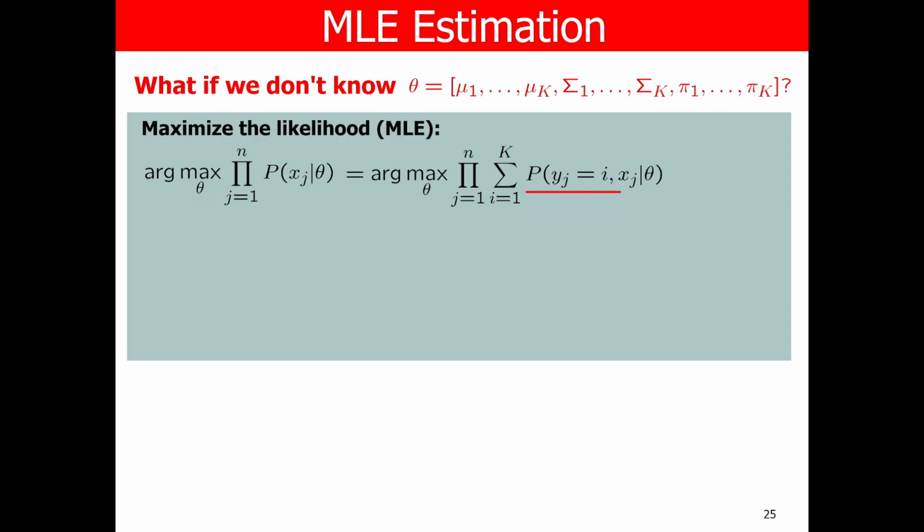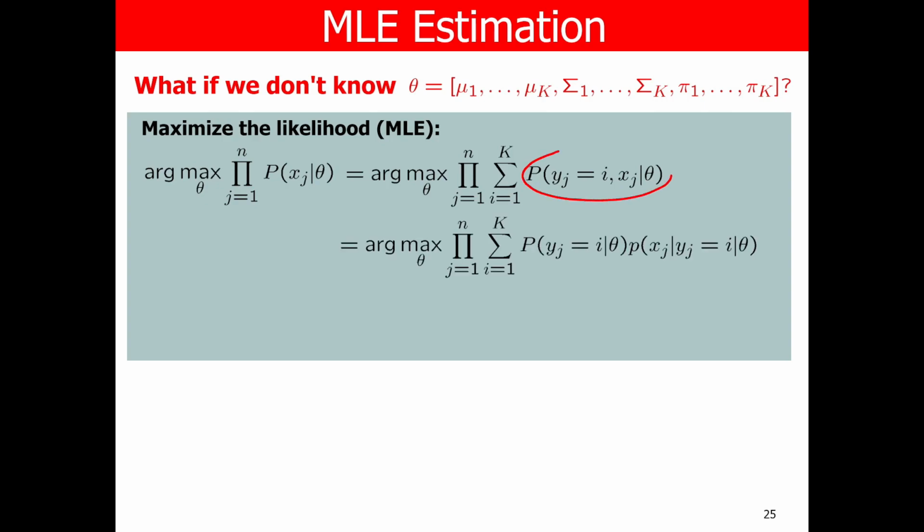Let yj equals i denote the event that xj was generated from the i-th Gaussian distribution with mean mu i and covariance sigma i. The p of xj given theta probability can be rewritten with the joint distribution of yj and xj. We just need to marginalize out yj, as you can see here.